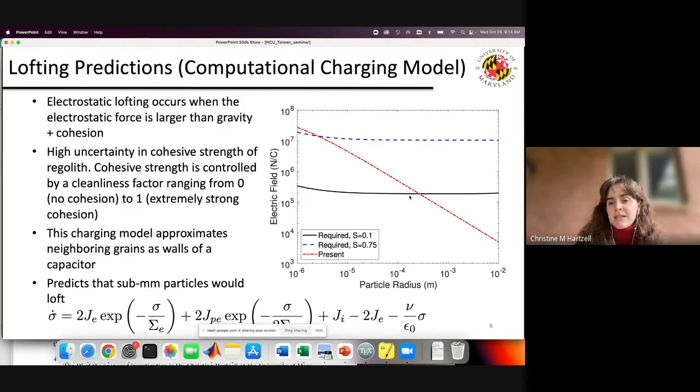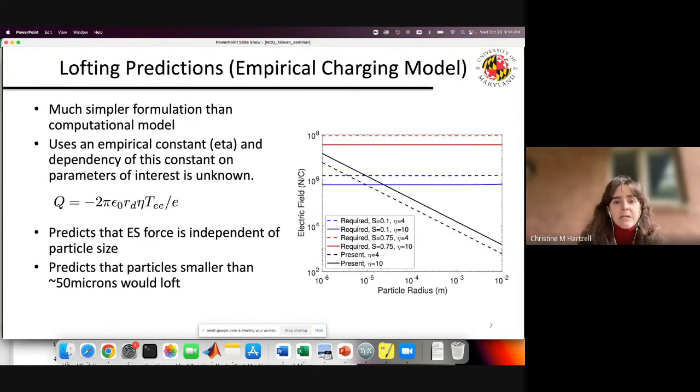Whenever this red line is greater than the black line, those are particles that could be electrostatically lofted. So we think that all particles smaller than about 100 or 200 microns could be lofted from the asteroid Bennu using this charging model.